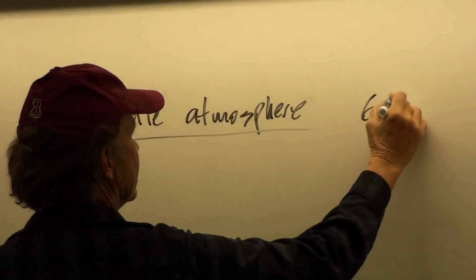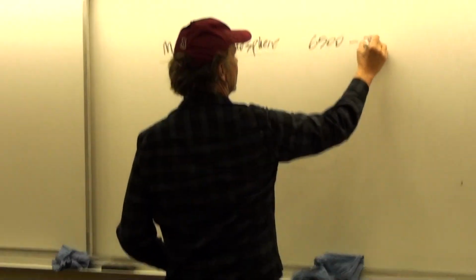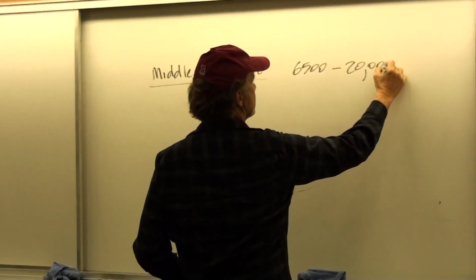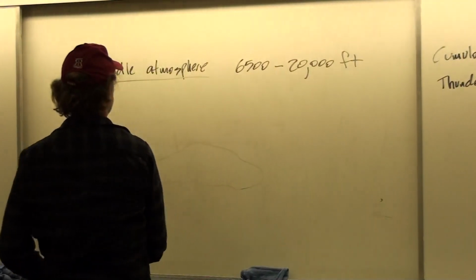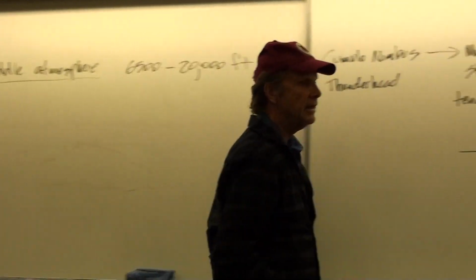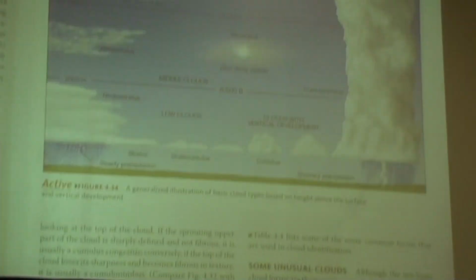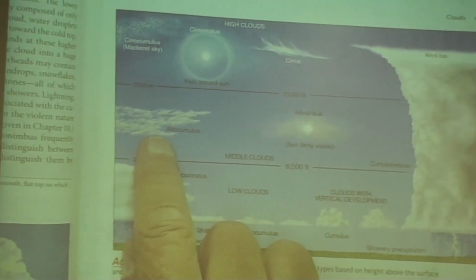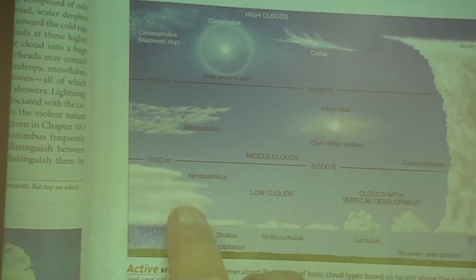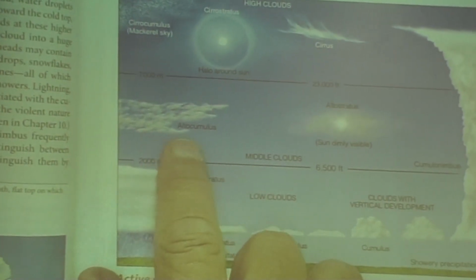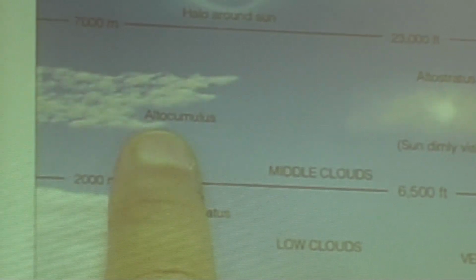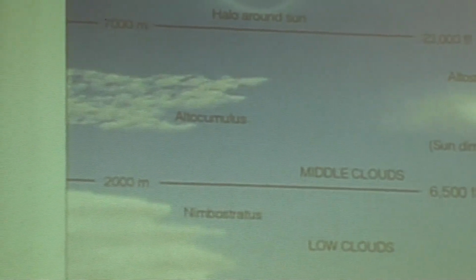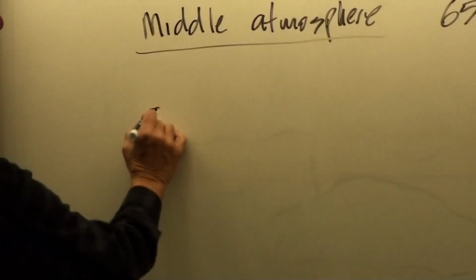So here we're at maybe 6,500, typically to maybe 20,000 feet. And so in this middle atmosphere range, over here with the clouds that have a certain amount of stability, we have the altocumulus clouds. Now, alto means high up in Spanish.